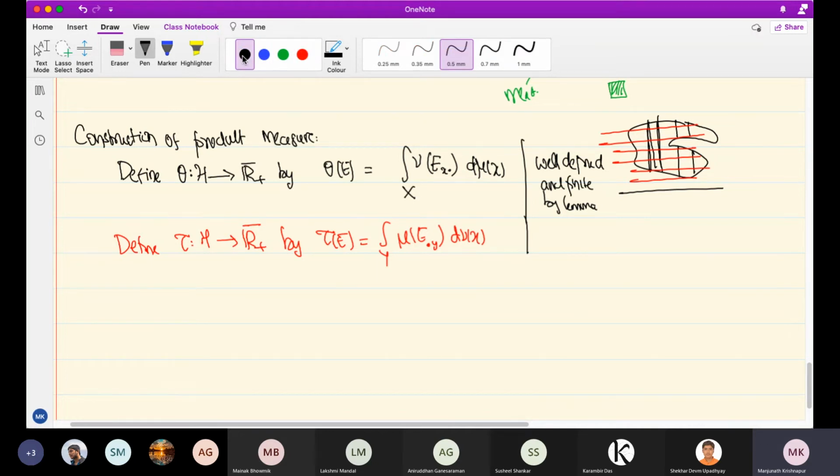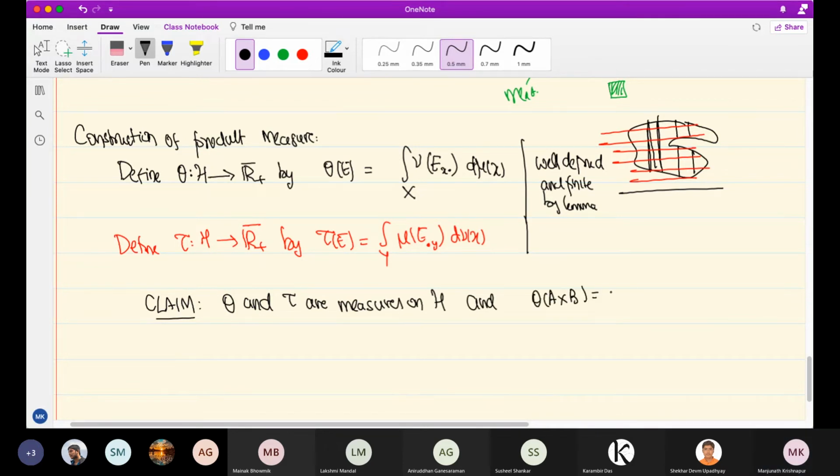The claim now is that theta and tau are actually measures, and for rectangles they agree with what we want, mu of A times mu of B. So once you agree to this claim, what happens?